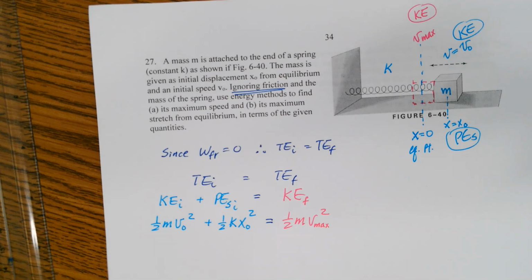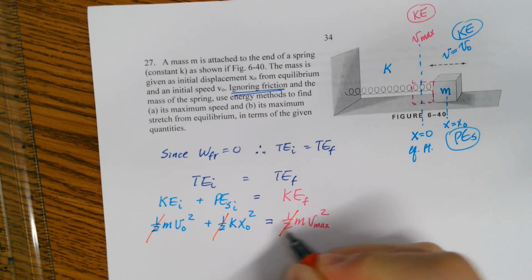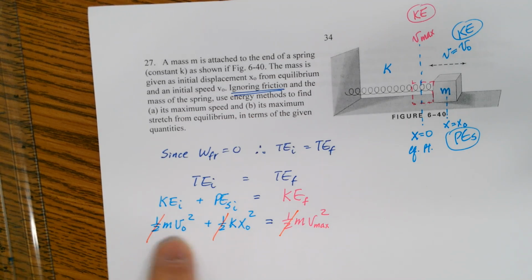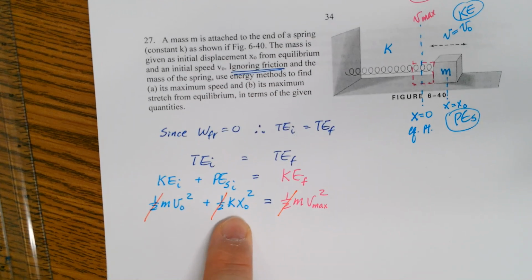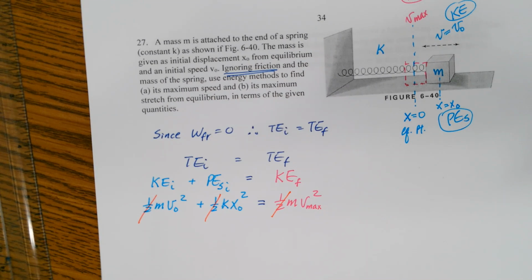Therefore, notice how I can cancel out the 1/2, which is very convenient. I cannot cancel out the mass because I don't have mass in this term. However, I can divide both sides by mass.